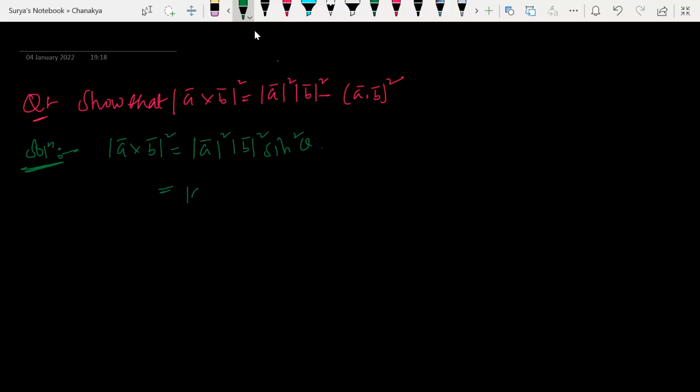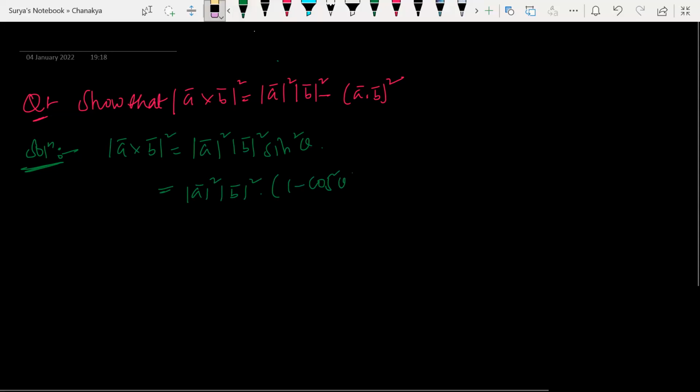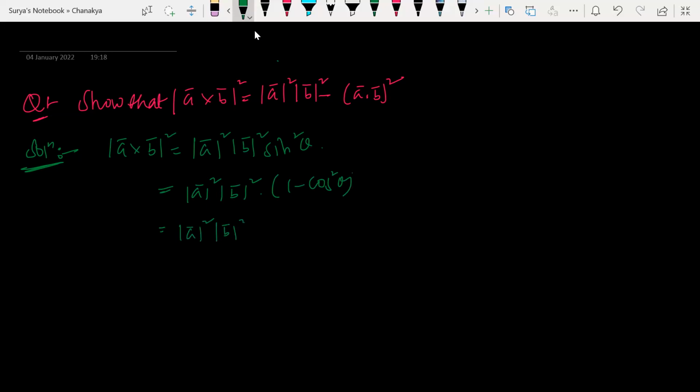Formula. Yesterday I told you guys, a square as it is, b square as it is. Sin square can be written as 1 minus cos square theta. Very simple. Okay, minus, multiplying this into this and this into this.